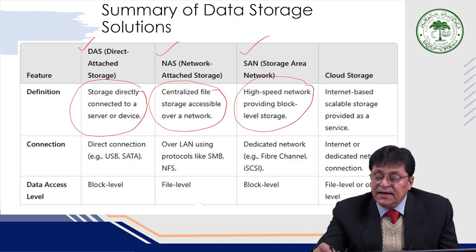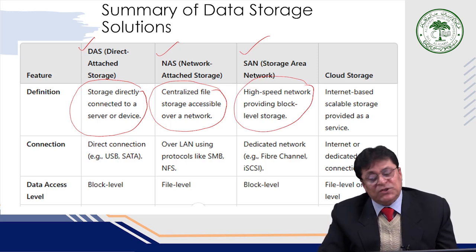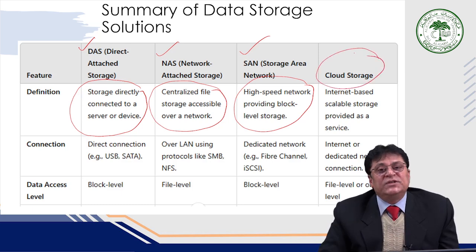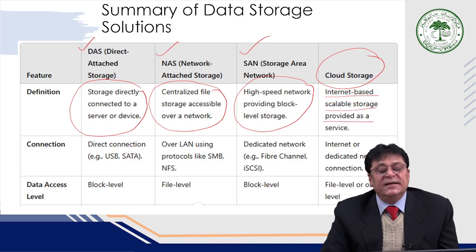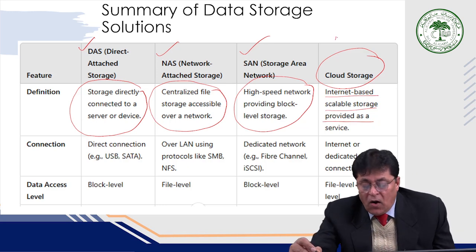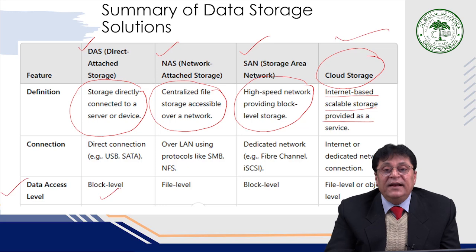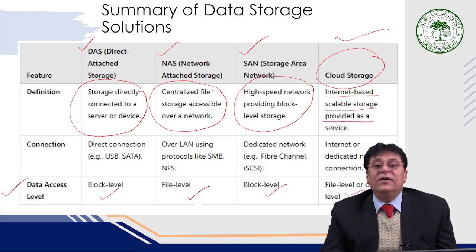SAN, as we discussed, is a high speed network of storage devices which provide block level storage. The last one is cloud storage, which is internet based, scalable storage provided as a service. Look at all four, the data access level. In the first one it is block level, then file level, block level, and file level or object level.